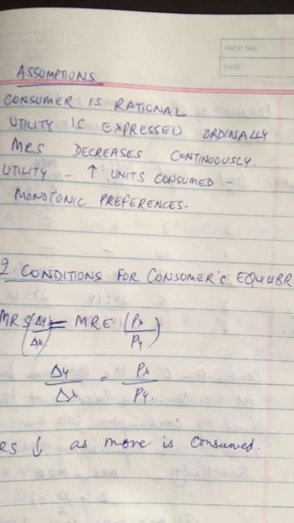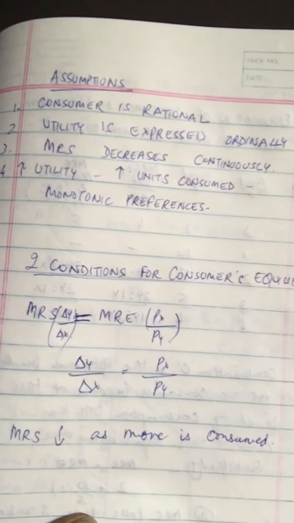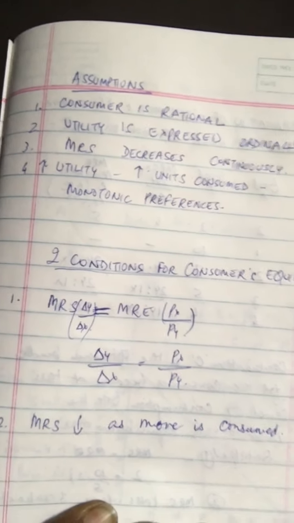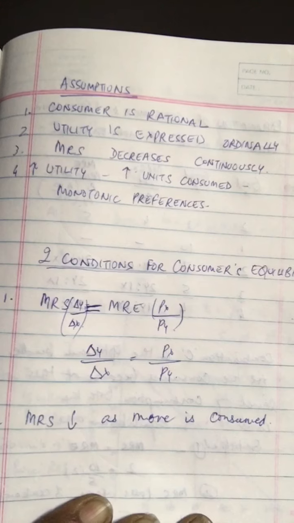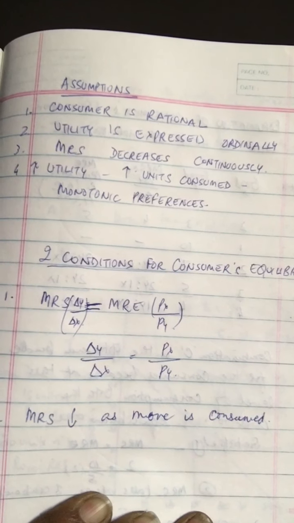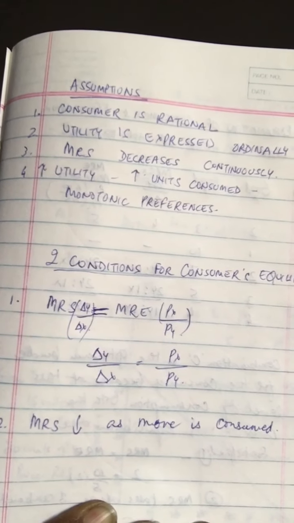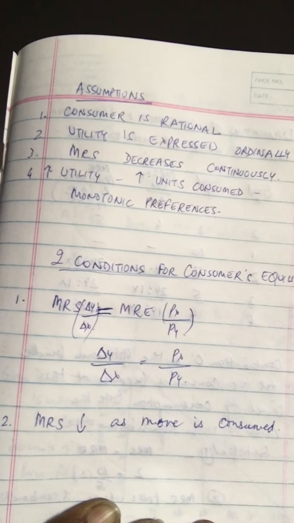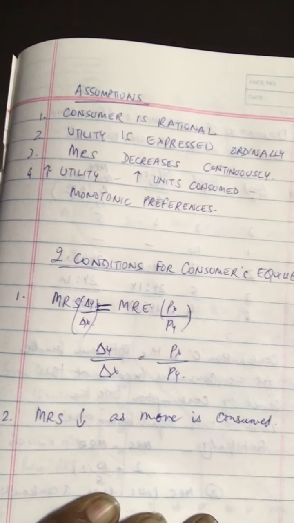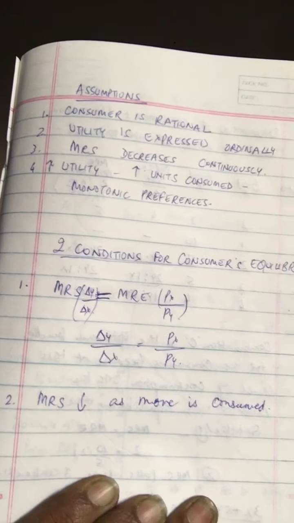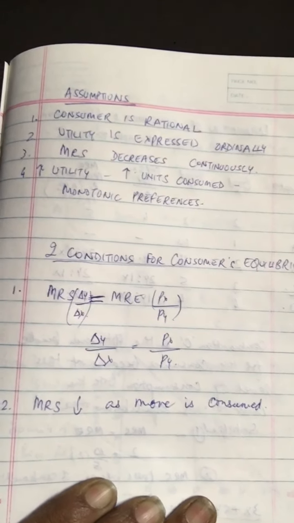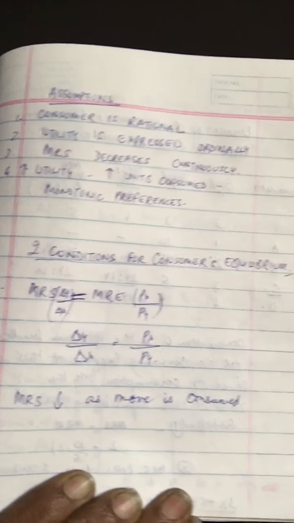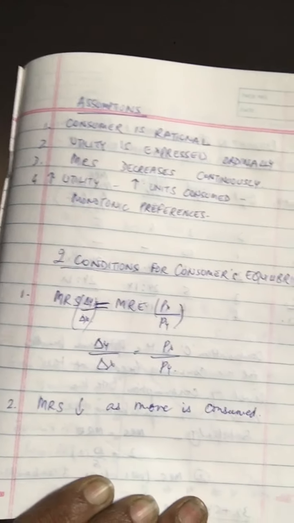Graphically, it means that the consumer wants to reach as high an indifference curve as possible. Second, utility is expressed ordinally, which means that utility is expressed in terms of ranking, the first, second, third indifference curve, etc., and not in terms of exact cardinal units, as we spoke about, 1, 2, 3, 4, 5, etc.